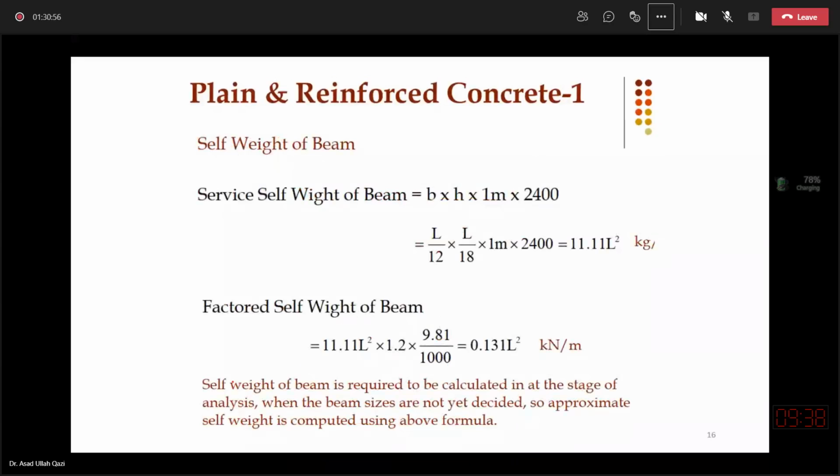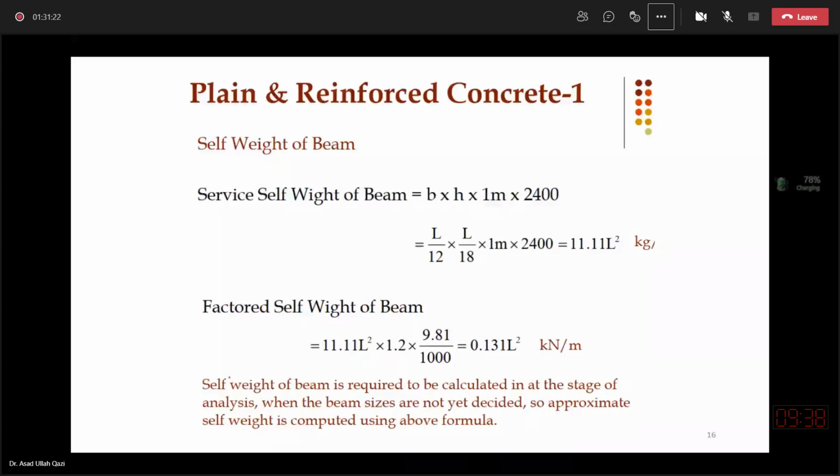So ignoring the self weight may get a little dangerous if the beams have a big cross section, because when you are estimating the self weights of the slabs and floor finishes, you are not including the drop of the stem of the beam below the slab. So here now the self weight of the beam estimation is explained.